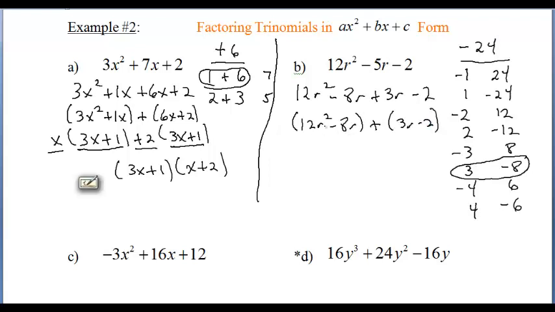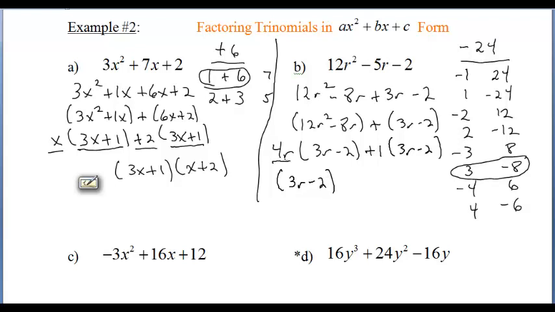The common factor in the first group would be a 4r, leaving me a 3r minus 2. The common factor in the second group is a positive 1, and that leaves me with a 3r minus 2. Remember, those terms have to be identical. So 3r minus 2 is my GCF, and then 4r plus 1 would be my other factor.